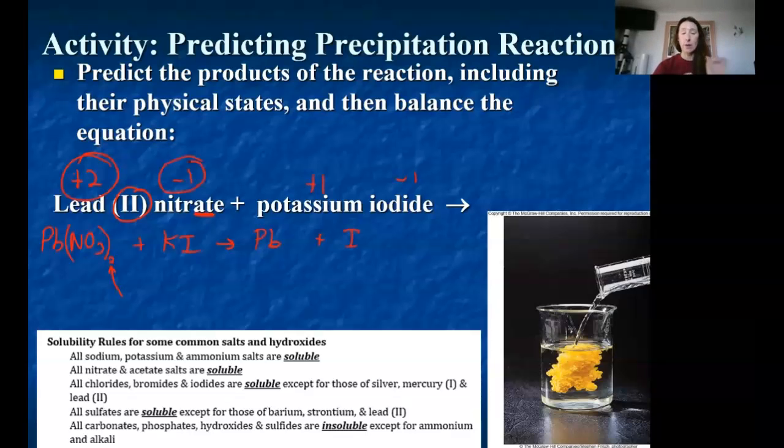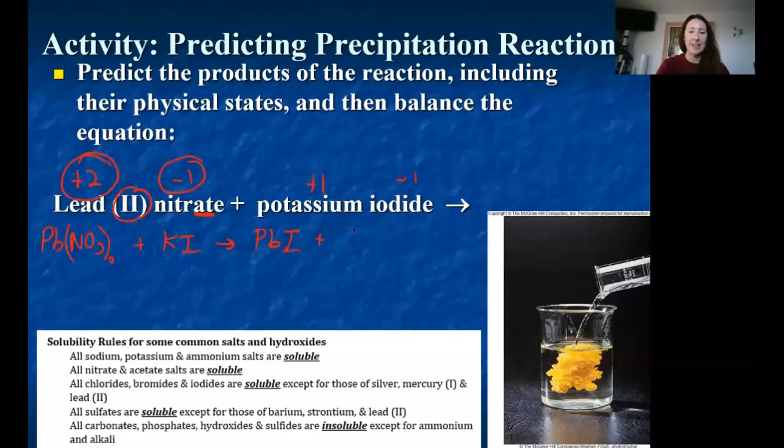That's why the 2 is there, right? We don't take this 2 over necessarily, it's there to balance this specific compound. So we don't take it over unless we need to. So if we do this one, we have Pb, and this time we have lead iodide.